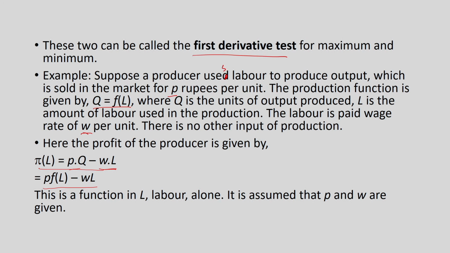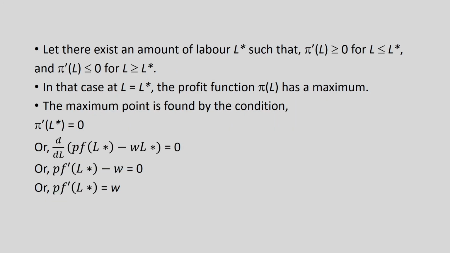Okay. Now, suppose there exists an amount of labor L star such that pi dash of L is greater than or equal to 0 for L less than or equal to L star, and pi dash of L is less than or equal to 0 for L greater than or equal to L star.